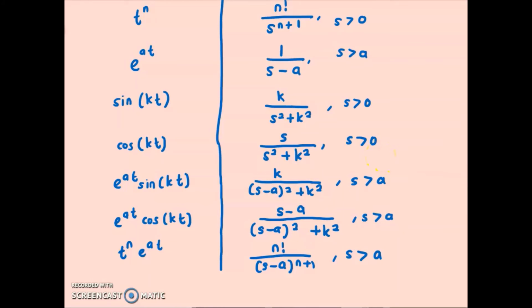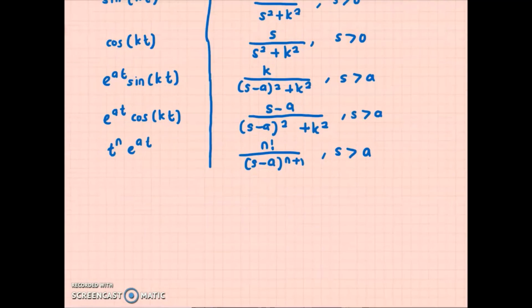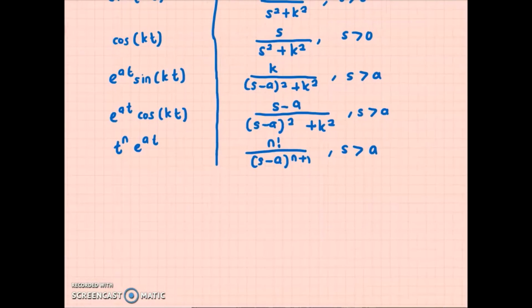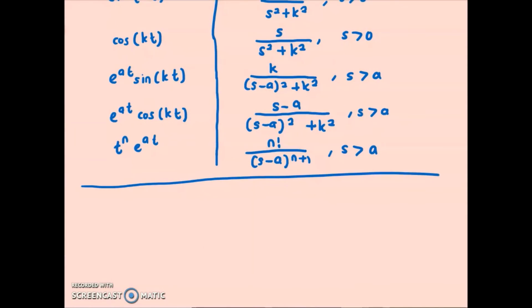Okay, so I'll show you one or two examples from this table. What I mean by simplification of this transform is this. Let's say I'm given the Laplace of e to the t cos t. From this table here, I don't have to integrate now. I just compare.